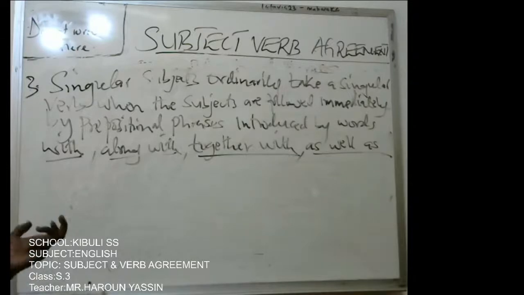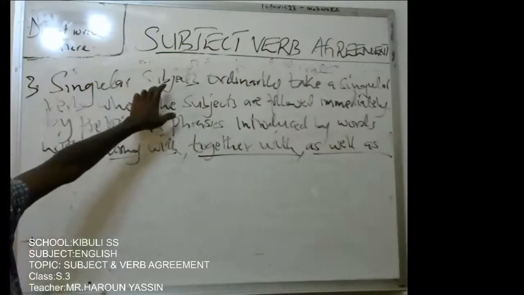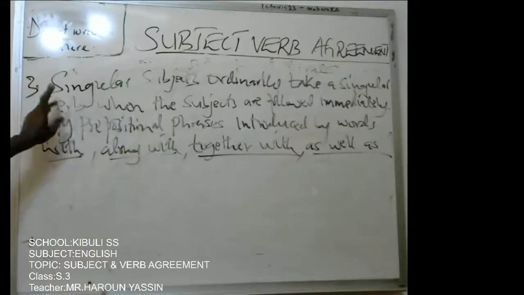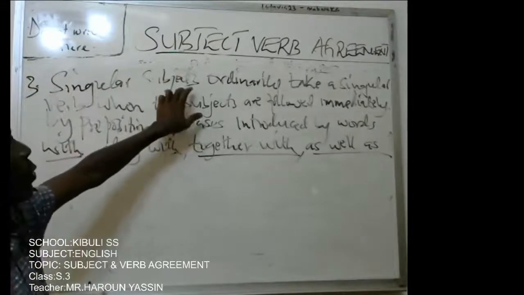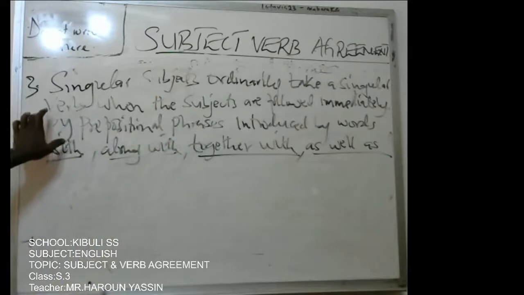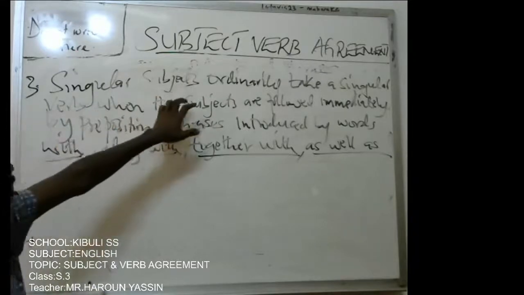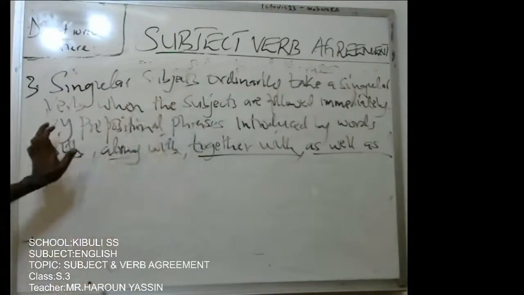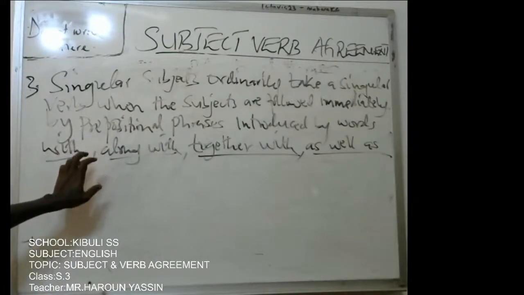In the first example, we had the head teacher, singular. Okay, that was a singular subject. In the second sentence, we had Uganda, the singular subject. In the third sentence, we had the bus driver, singular subject. And in the last sentence, we had Juma, a singular subject.